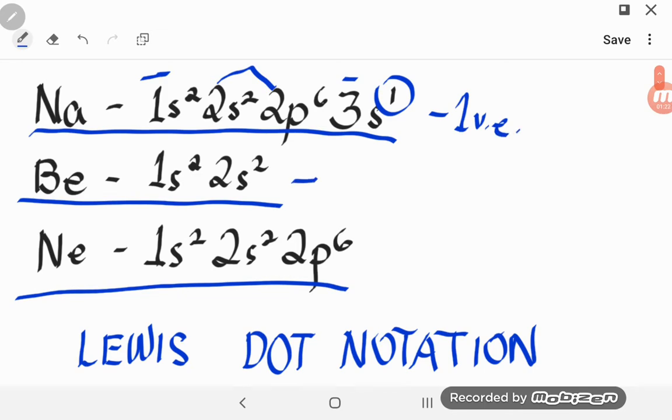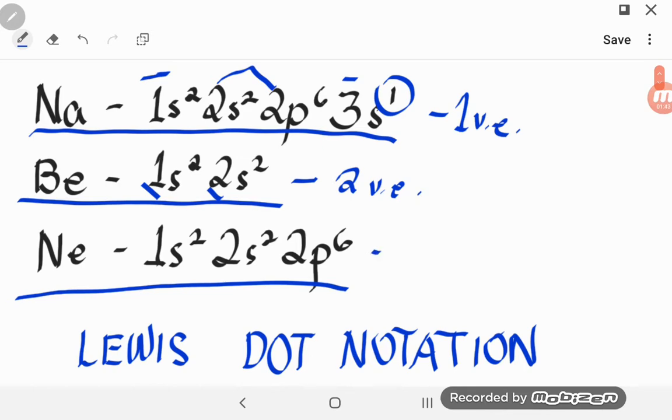Let's try the second example. We have beryllium. Beryllium has 1 and 2 energy levels. The highest energy level is 2, meaning to say the valence electron is 2. How about for neon?